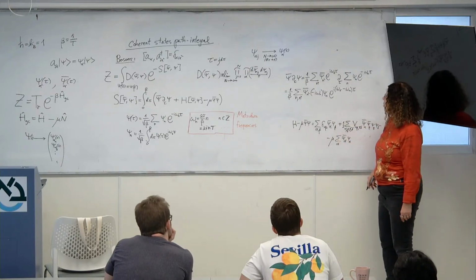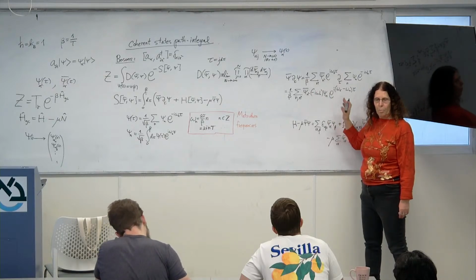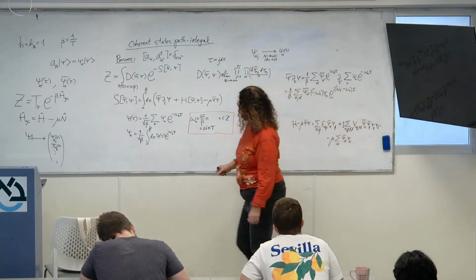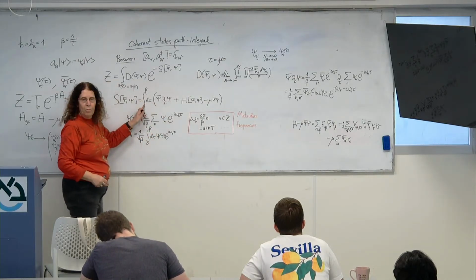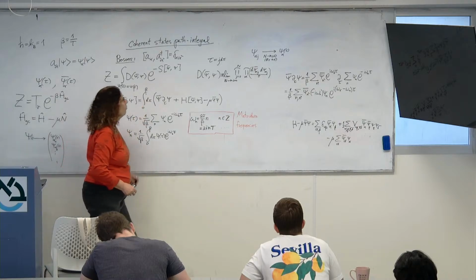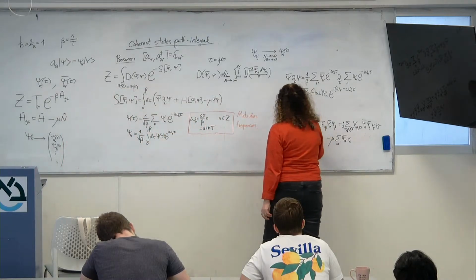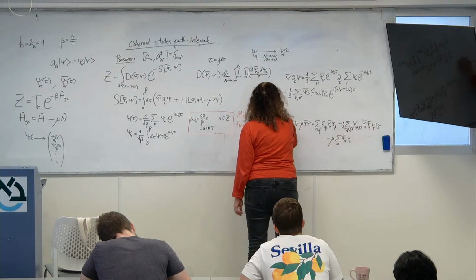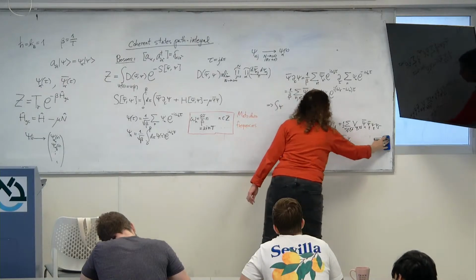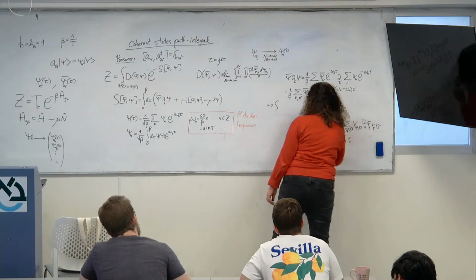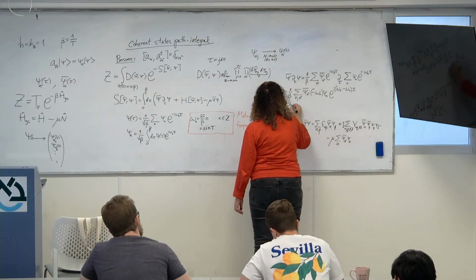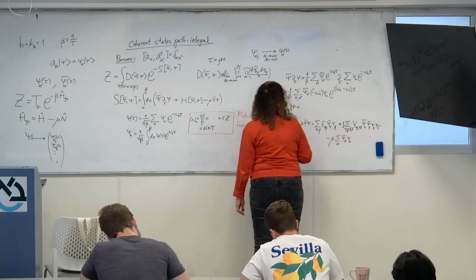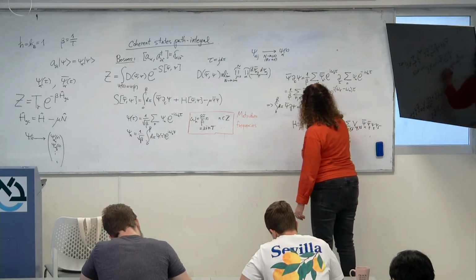Very good. So this is still a function of tau, but notice that in the action I have to integrate over tau from 0 to beta. Okay, so the integral over tau from 0 to beta of psi bar d tau psi will give me 1 over beta, sum over n prime.